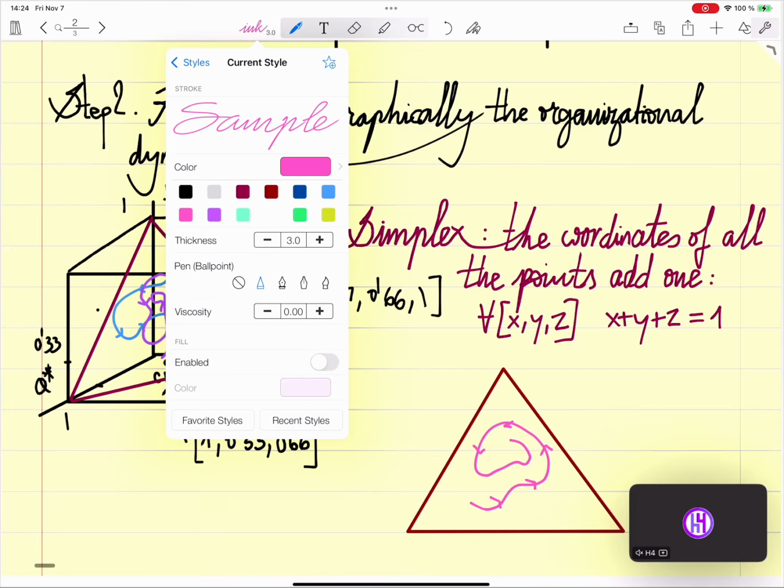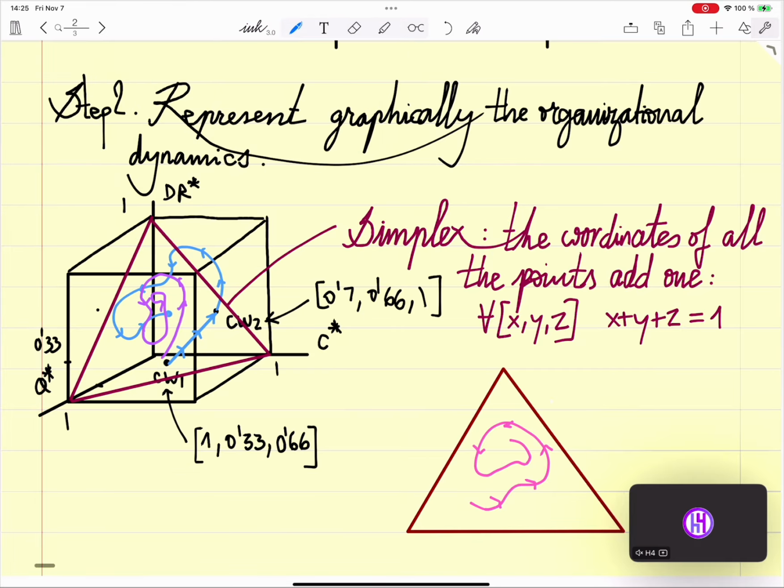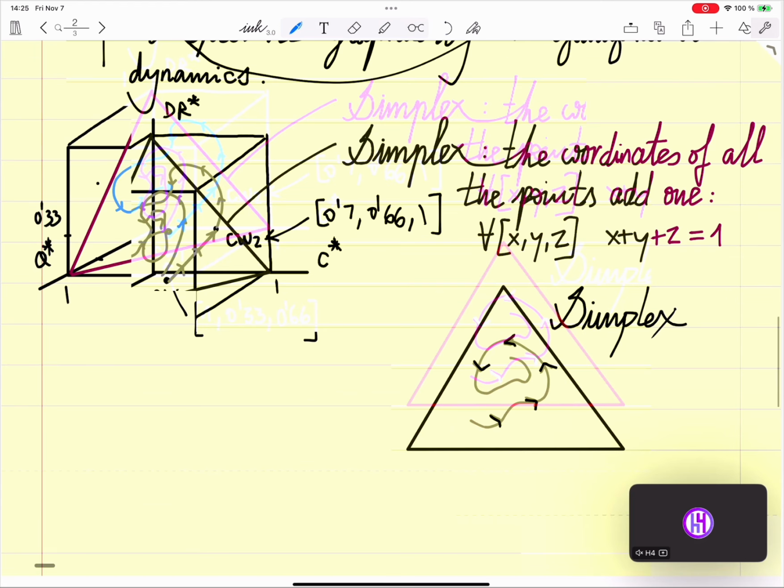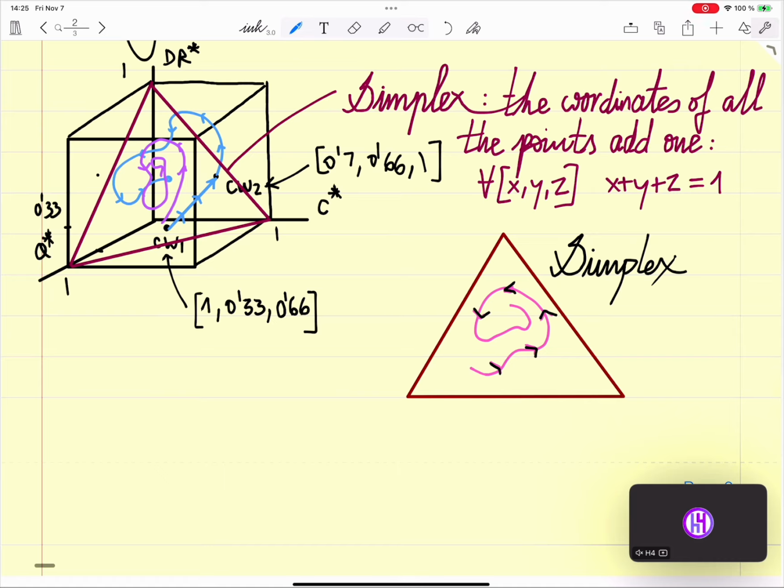This is the simplex representation. This representation has several advantages. As I said, the first geometric characteristic of this simplex is that all the points add up to 1.